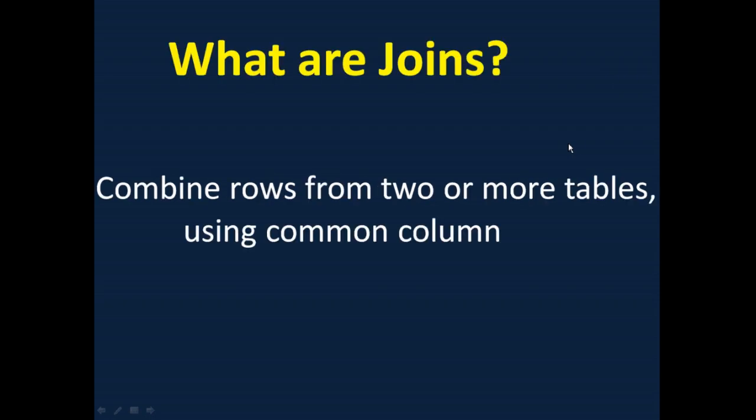Now with that understanding, let's see first of all what joins are. Joins are basically used to combine data from multiple tables. It can be two or it can be more tables. How do we combine? Using a common column.